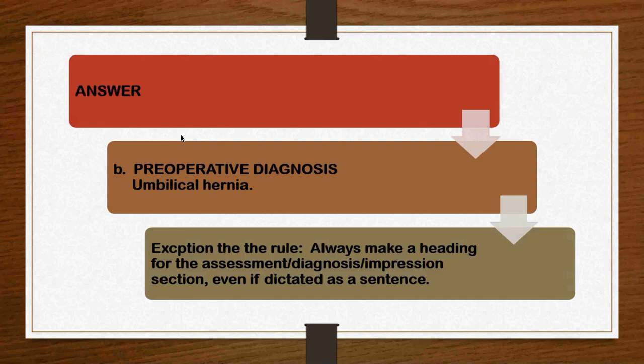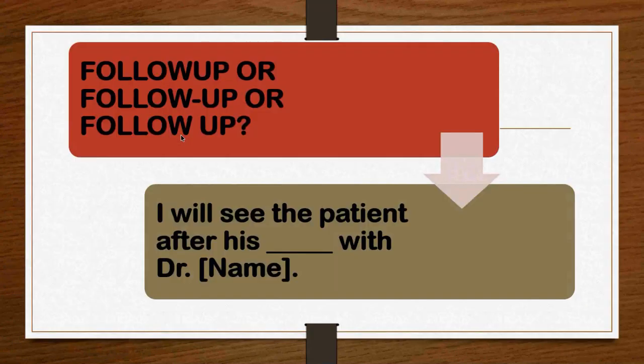And the reason for that is that it needs to stand out. The reader needs to be able to see it, and that's in our account specifics also. So everything else, if it's a sentence, transcribe it as a sentence. But if it's a diagnosis, impression, or any assessment, any diagnosis like final, initial, preoperative, postoperative, discharge diagnosis, anything, all of those, it doesn't matter how it's written, it needs to be a heading. And that's also in your account specifics.